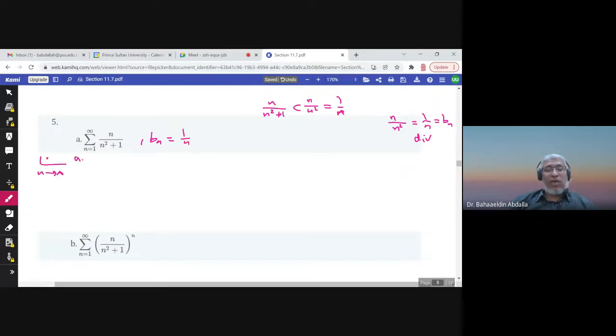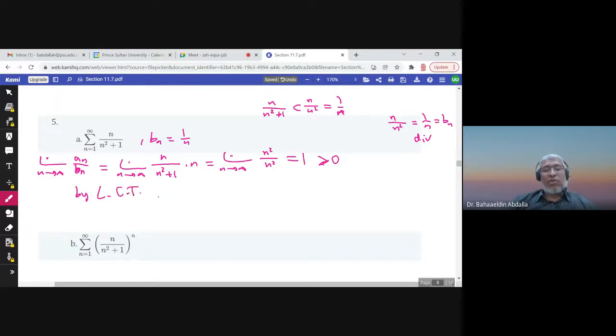So let me find the limit of a_n over b_n when n goes to infinity. So a_n is this one multiplied by n, so I'll have n squared up and n squared down. If I take the term with the highest power, the limit is 1, and that's greater than 0.